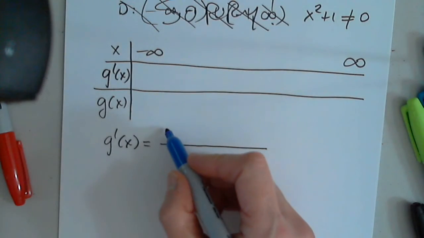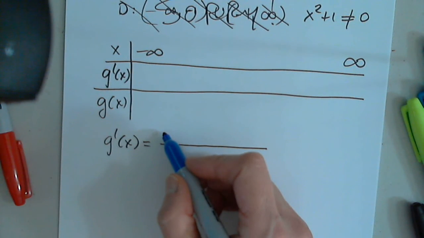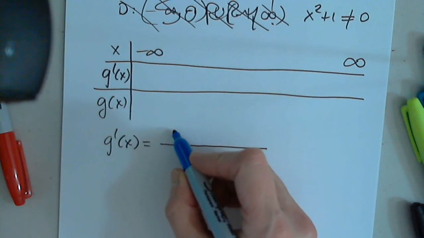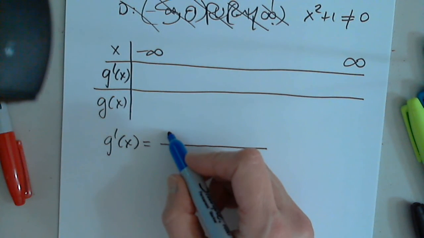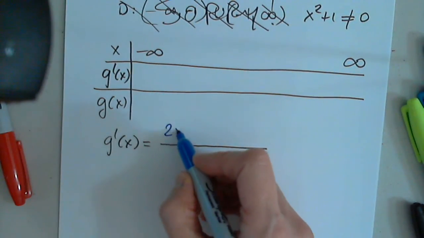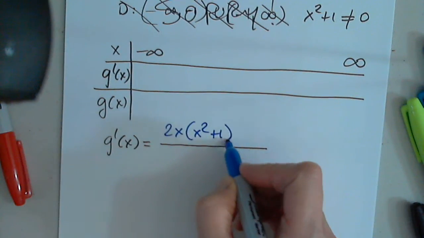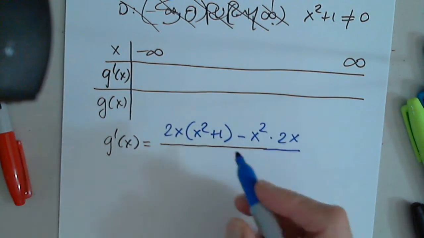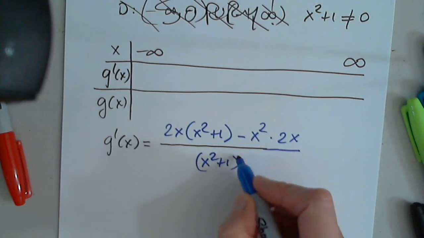Would it be 1? Right, but what is 1 prime? So the top prime is 2x times the denominator, minus the top times the denominator prime, over the denominator squared.